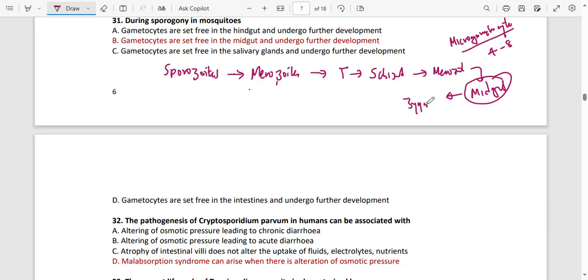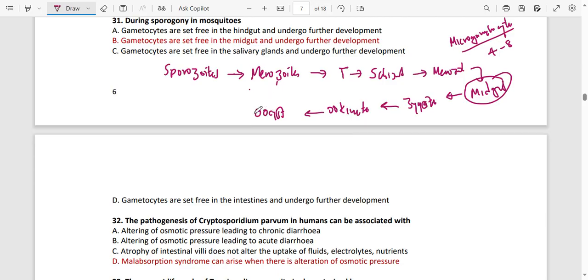This zygote is further going to transform into what is known as an ookinete. The ookinete can further differentiate into an oocyst. This oocyst stores a lot of sporozoites.